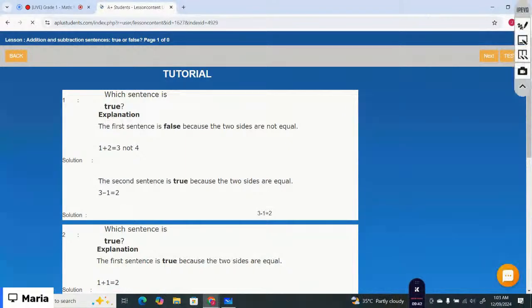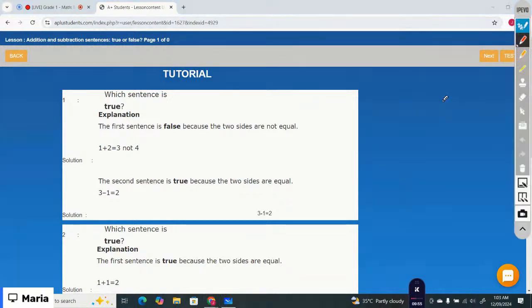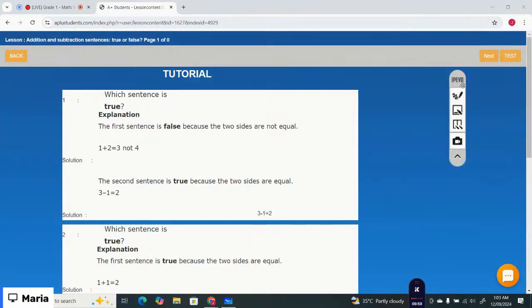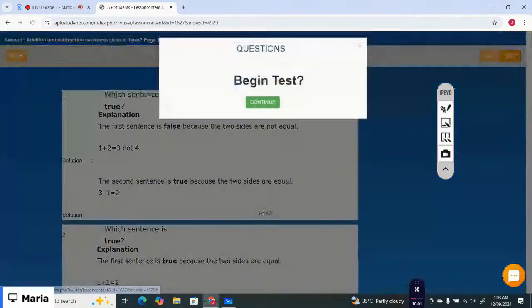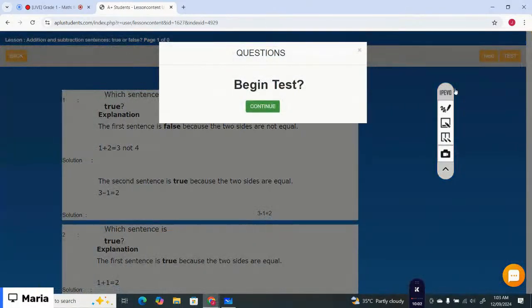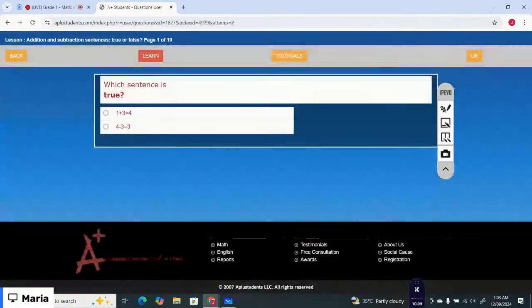Which sentence is true? Basically, you're not given the options here, right? So I'm going to start with the test questions. There you are given the options, so that would be easy to explain. You can have a look at the tutorial by yourself later today. Let me just move on to the test question.